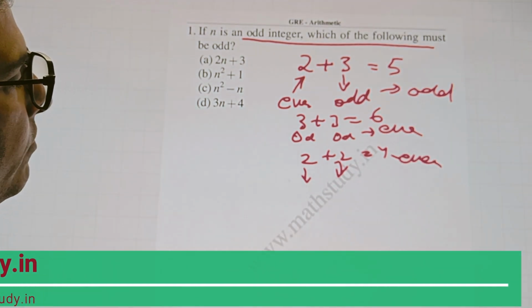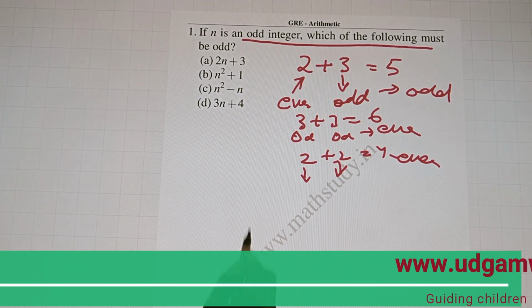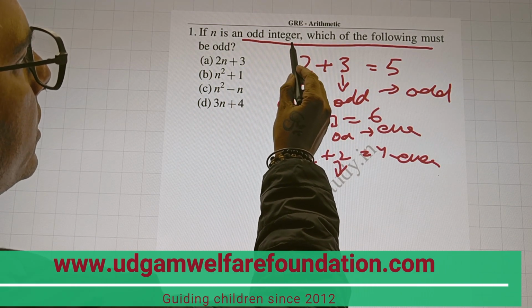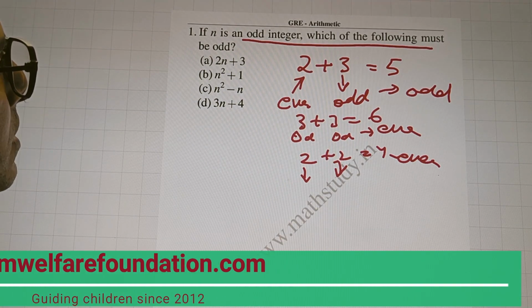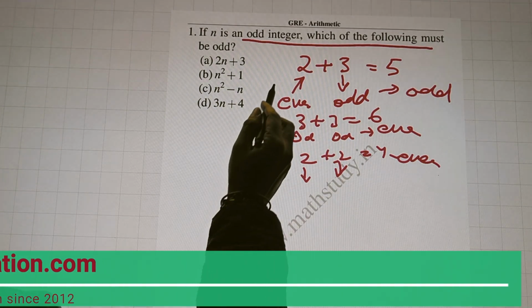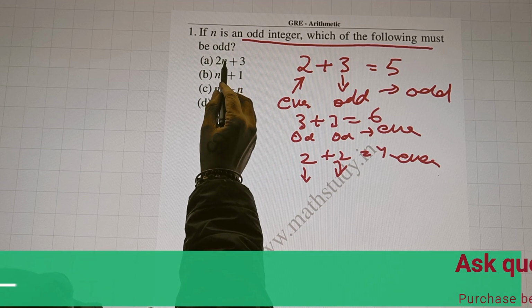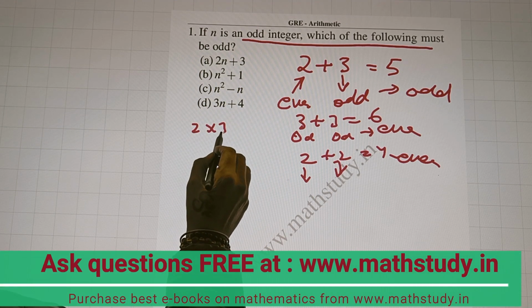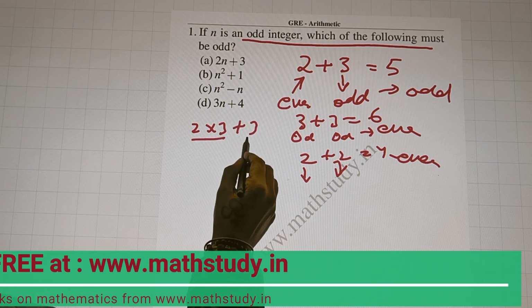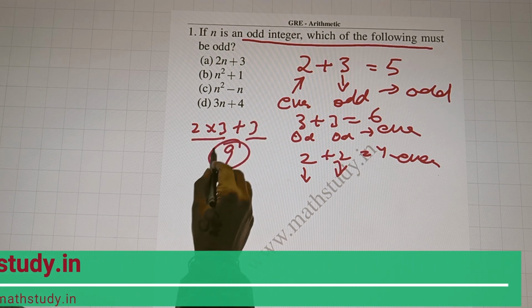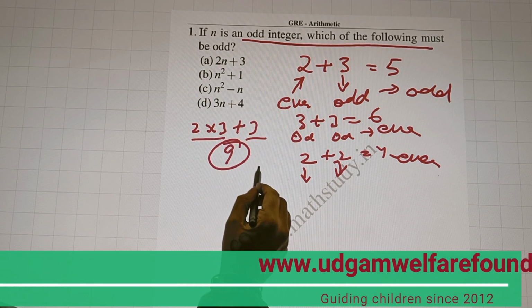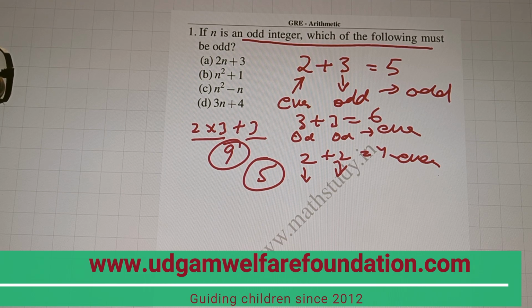So here we have to check as per the question what it states. If n is an odd integer, which one of the following must be odd? So let's put some values here. Let's say n is odd, n is 3. So 2 into 3 plus 3, that is 6 plus 3, is equal to 9. 9 is an odd number. Similarly, 2 into 3 is 6, plus 1... 2 into 4, 4 plus 1 is 5, 5 is again an odd number.